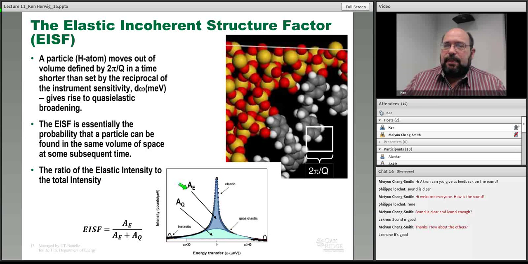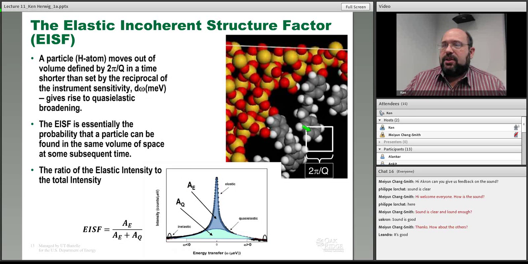It is simply the ratio of the elastic intensity to the total intensity. So if this total intensity is properly normalized to 1, if it's a dynamic structure factor, then the elastic intensity is just the EISF, and it is just the probability that you'll find the particle back in the box at some infinite time later.